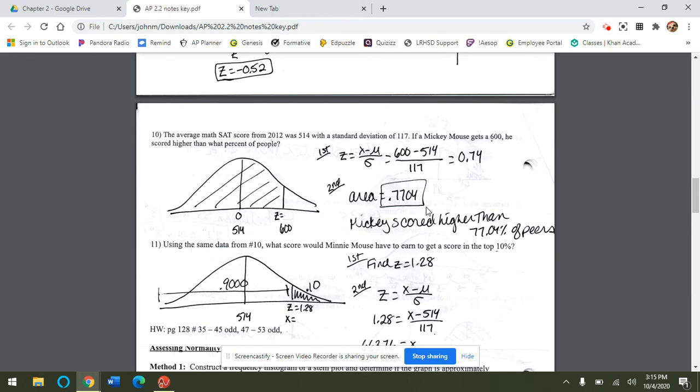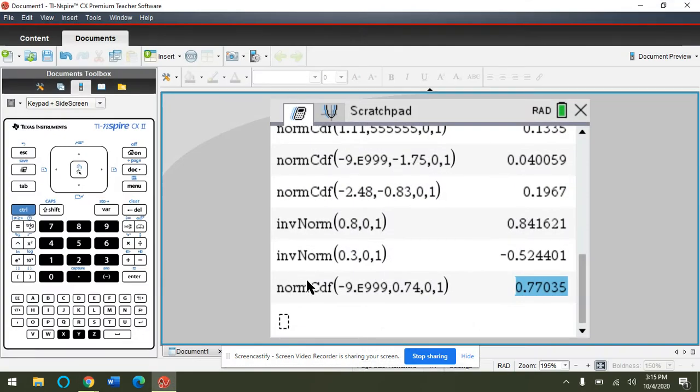All right. To do a problem like this, you would just write norm CDF and then parenthesis, everything that you just had from the calculator. You would write this down on your worksheet, on your paper. The College Board accepts this as long as you put underneath LB for lower bound, UB for upper bound, mu, and sigma.